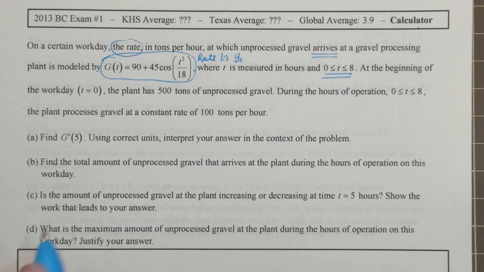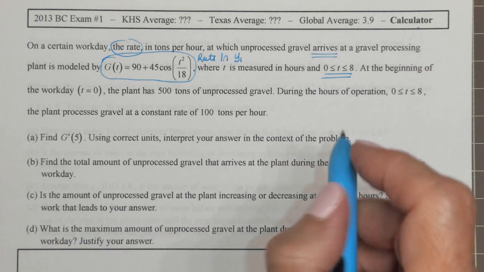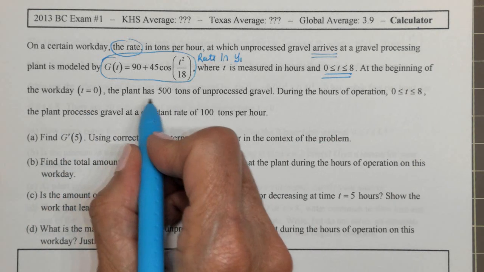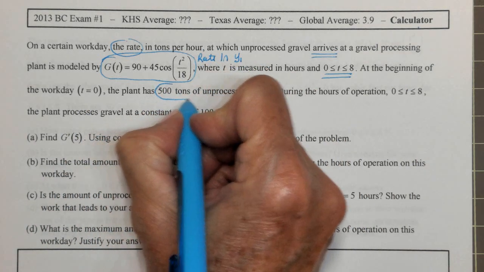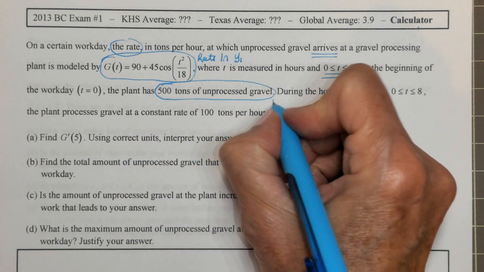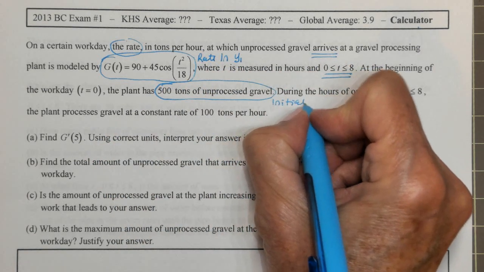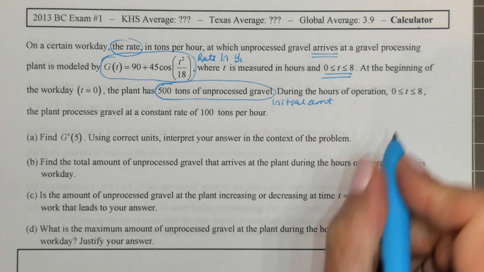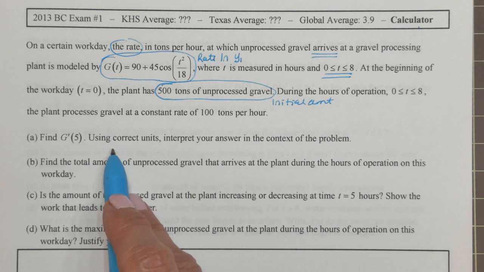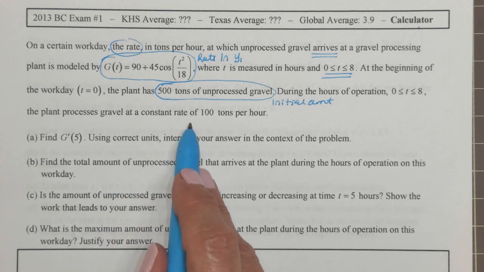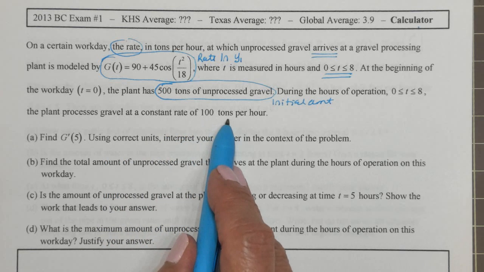At the beginning of the workday, the plant has 500 tons of unprocessed gravel. That is our initial amount. During the hours of operation, the plant processes gravel at a constant rate of 100 tons per hour.